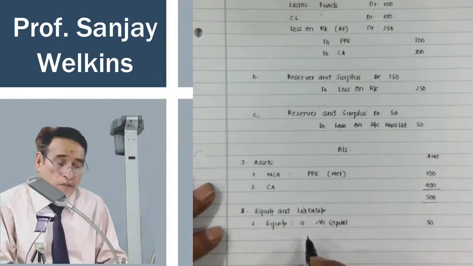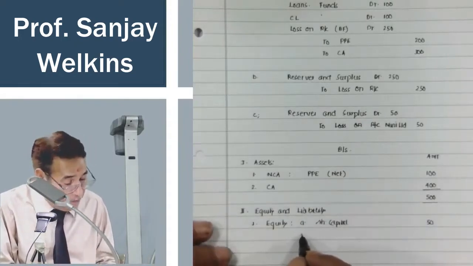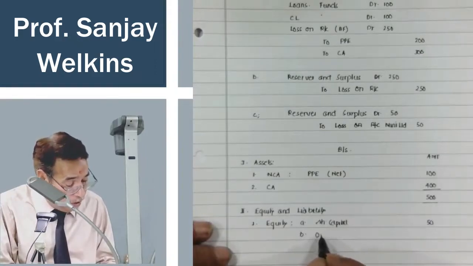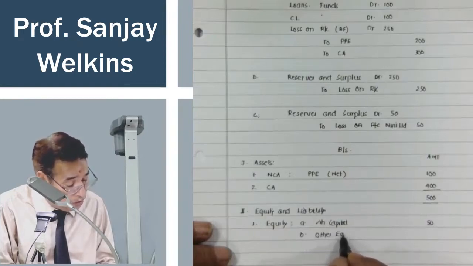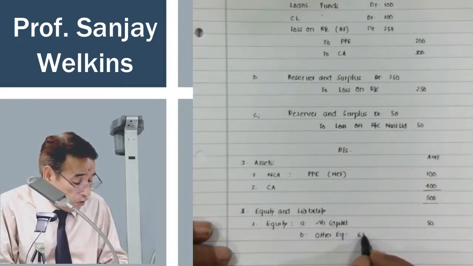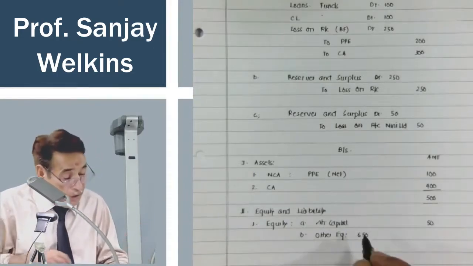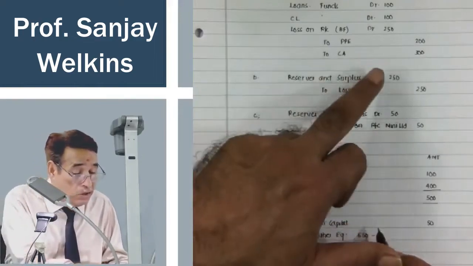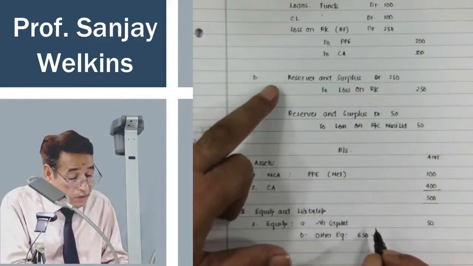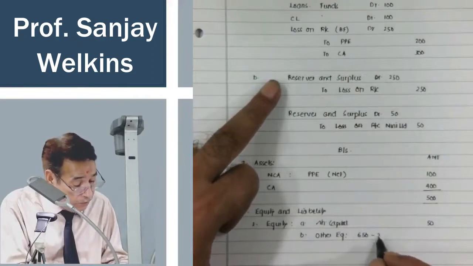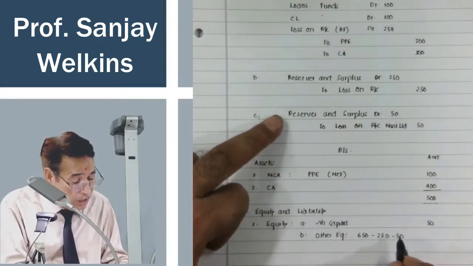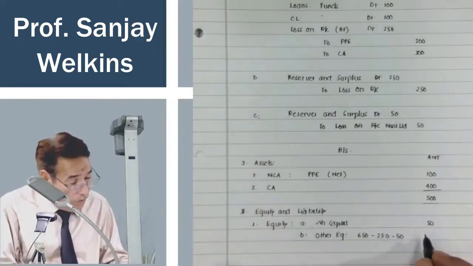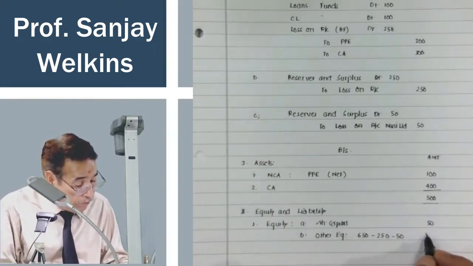So 50 crores is the capital of the organization. And then other equity of the organization, first of all you write. Correct? When I say of the organization, 650, that is the other equity. And here in this question, first of all, reserves and surplus are getting debited by 250, so I will subtract 250. Again, it is getting debited by 50, so I will subtract 50. So I will be left with 350.